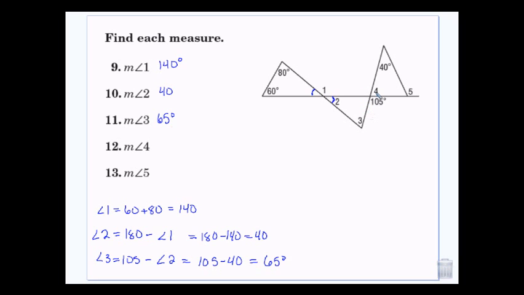Angle 4 and 105 add up to 180. And then angle 5 is angle 4 and 4. Yeah, so.